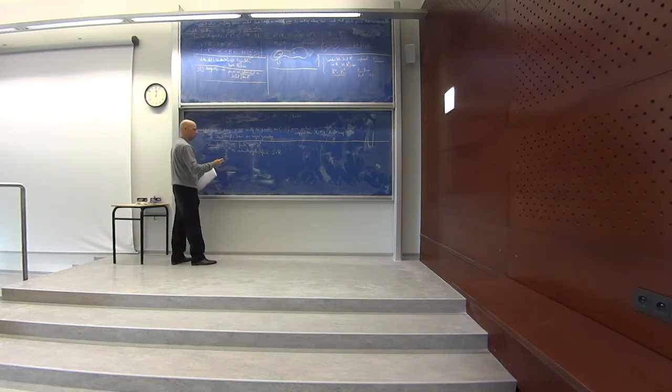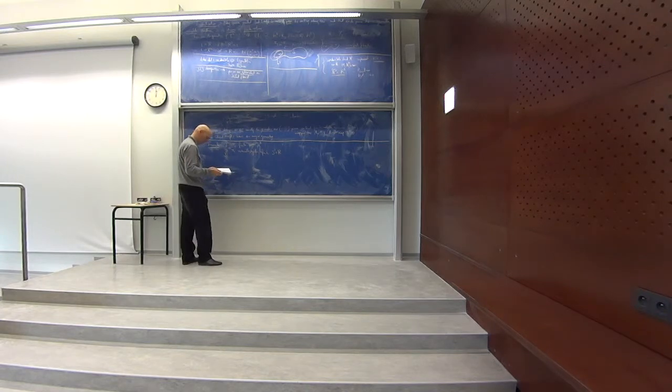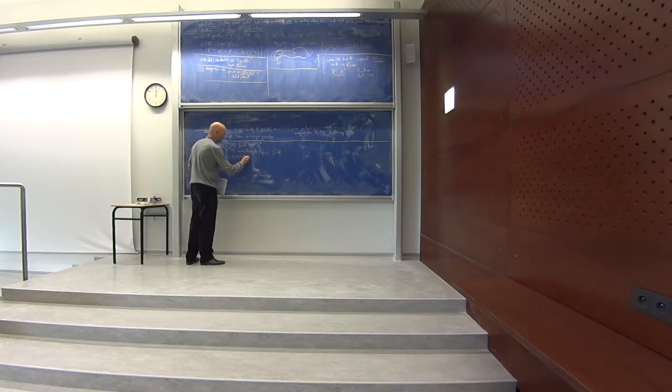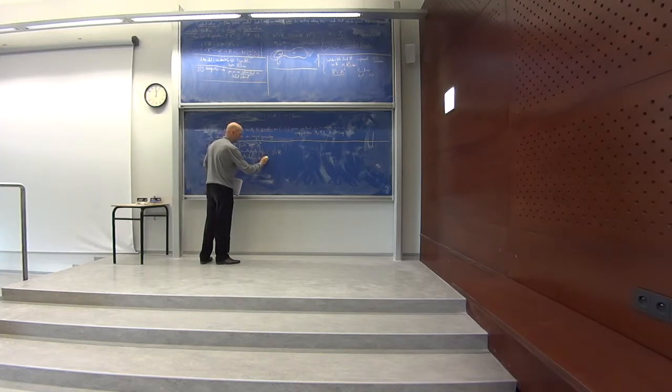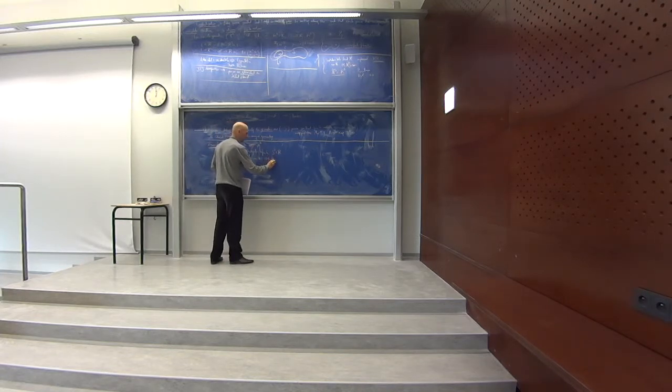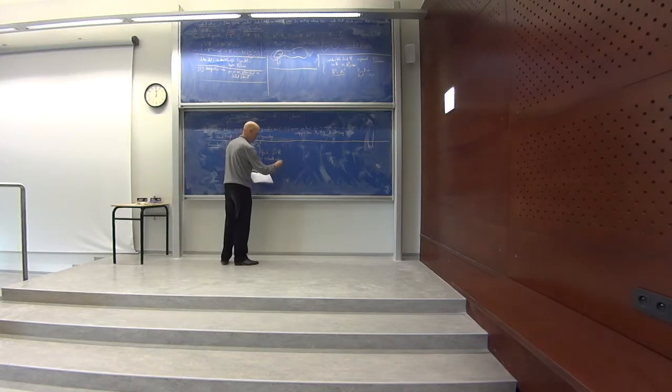Now the next step. Pi 1 is virtually abelian, not virtually cyclic. Okay, so this is A3.